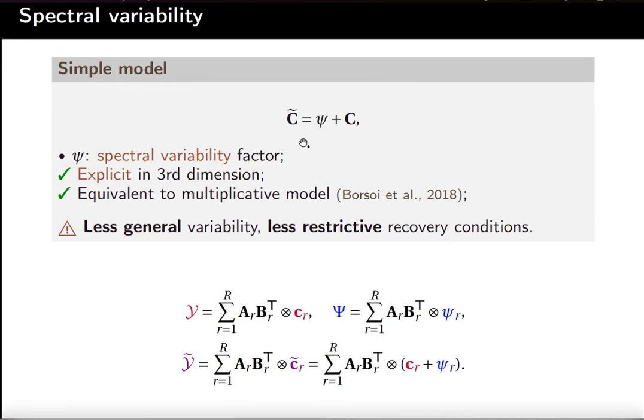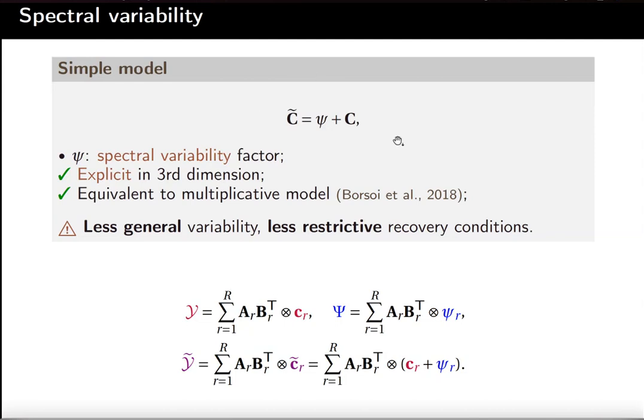So how does it translate? Basically, the factor C in the spectral dimension of the LL1 model can be linked to the other factor, C tilde, of the underlying two super-resolution images by an additive model. And psi here is a matrix that represents spectral variability.